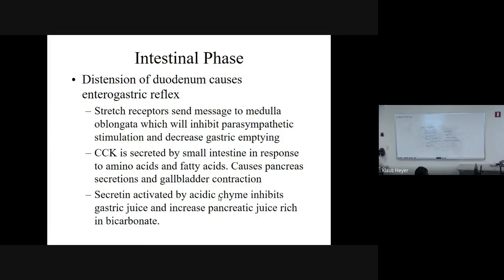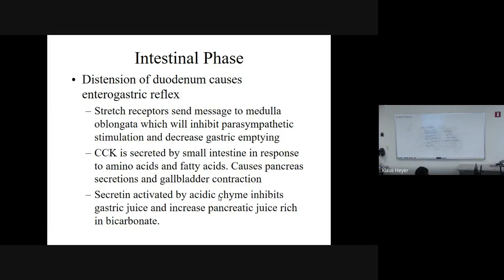As soon as that stomach juice goes into your intestine, it makes it more acidic. So that triggers the receptors. Secretin is going to want to slow down that gastric emptying.